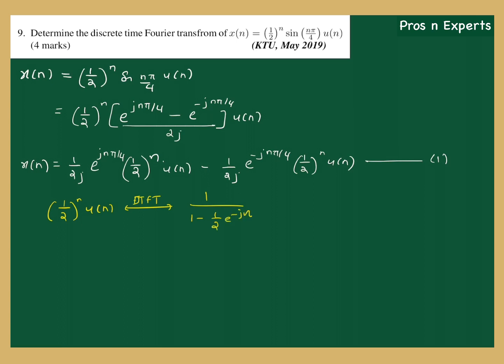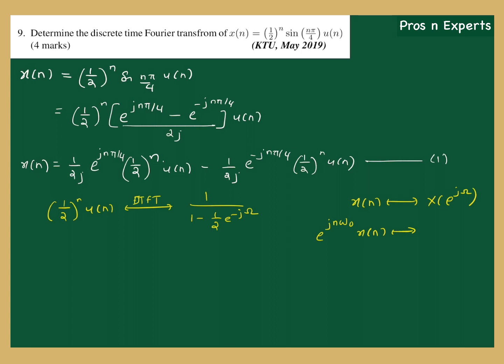That is a standard result we know. And also, if x of n has a discrete time Fourier transform X of e raised to j omega, then what is the Fourier transform of e raised to j n omega 0 into x of n? What will that be?